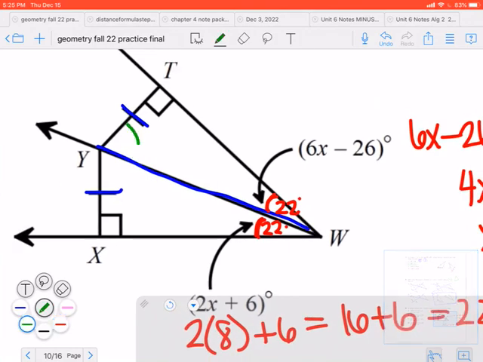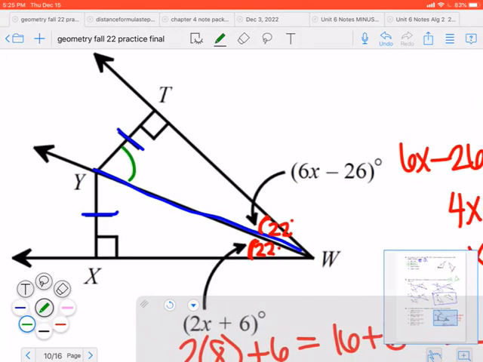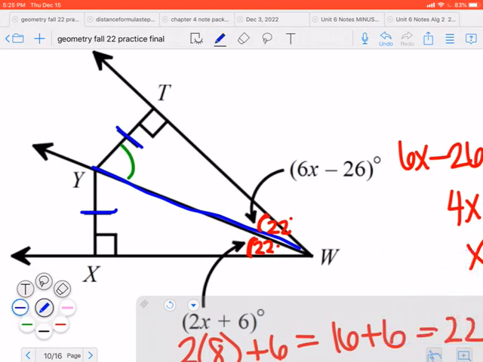We wanted this angle, TYW, and so we've got this one, which is 90, our little red one, 22. So if I take those numbers away from 180, since all three angles in a triangle add to 180, then we'll have our answer. In my calculator, I'm going to go 180 minus 90 minus 22, and that is 68 degrees.